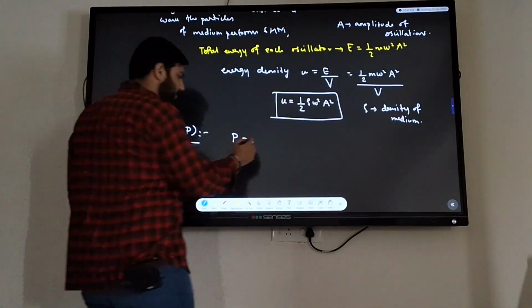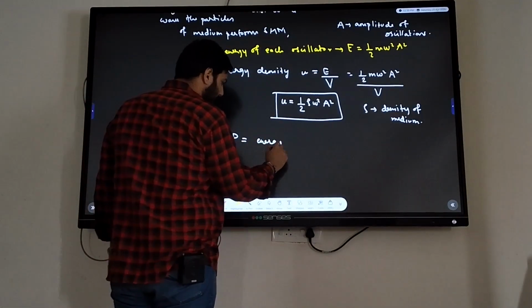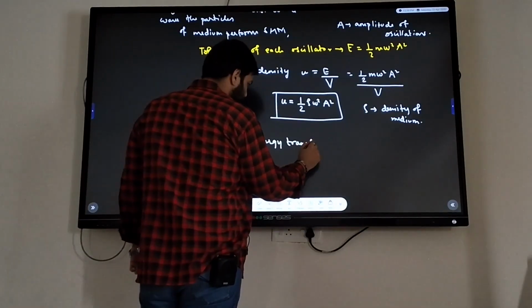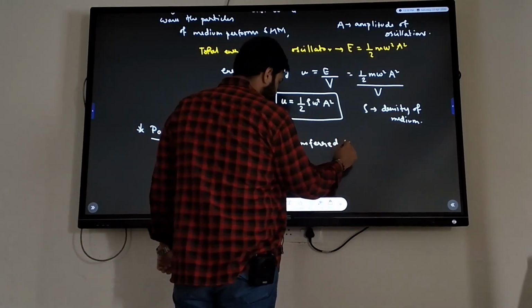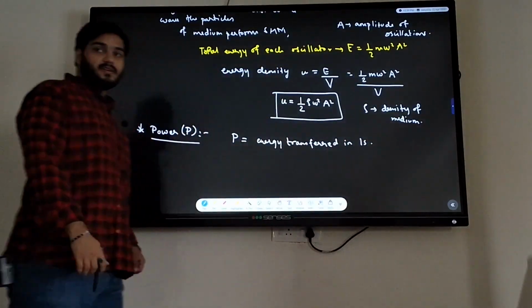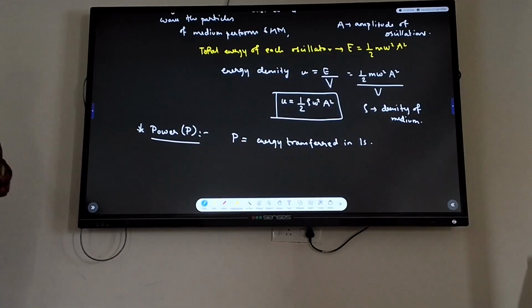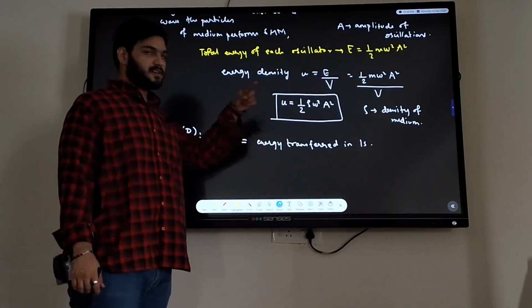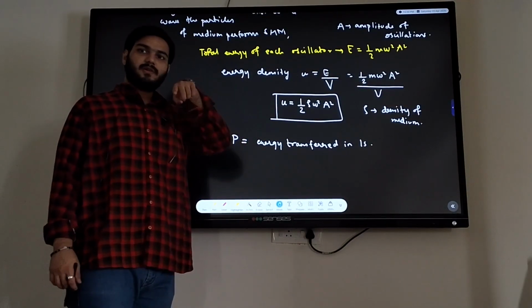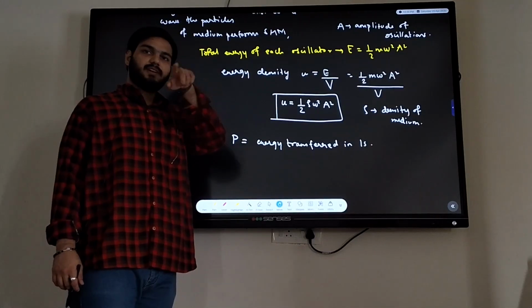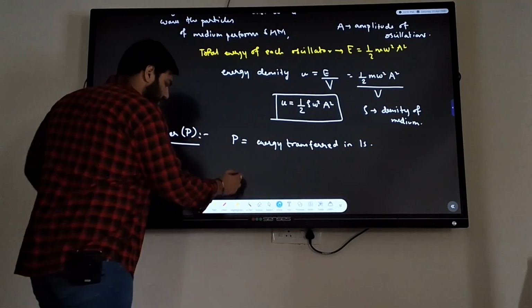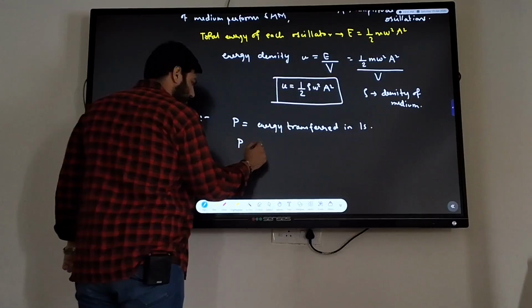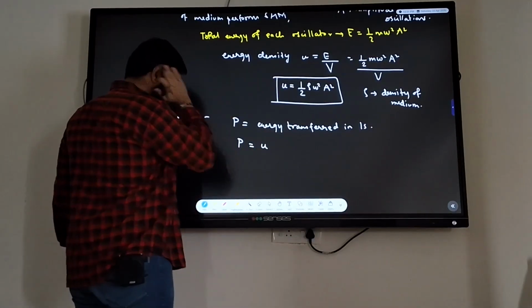That's power. Energy given off per unit time, basically. So what is the energy? If energy density is energy by volume, then energy is density into volume. Then I can write power is U times.